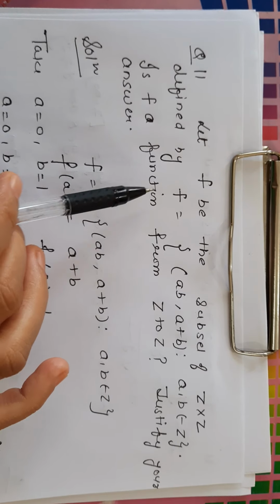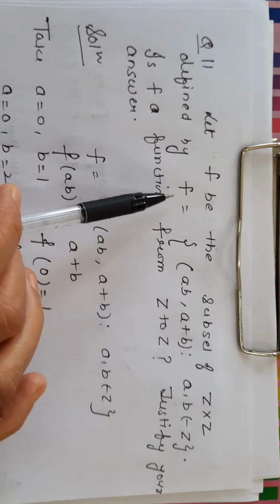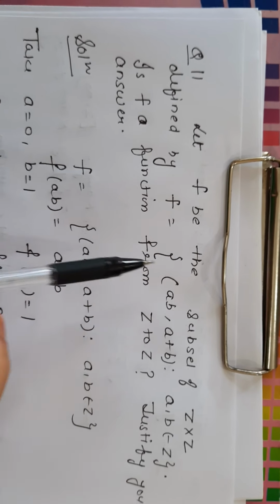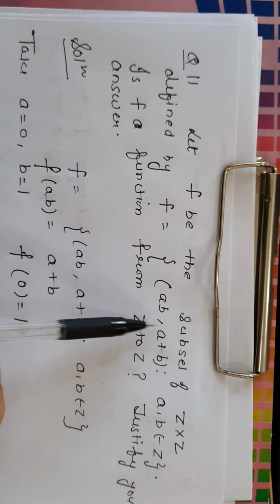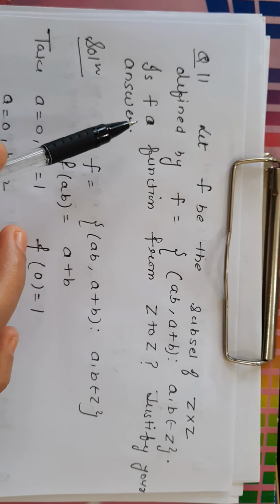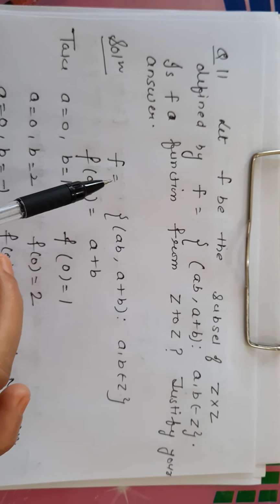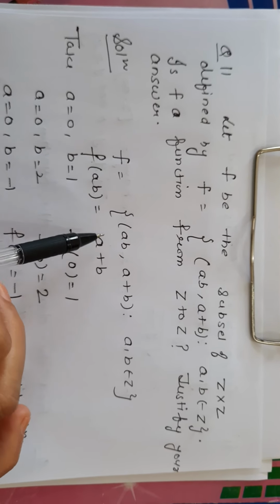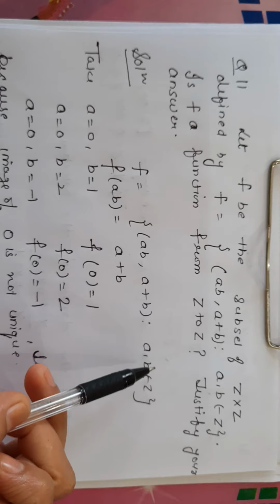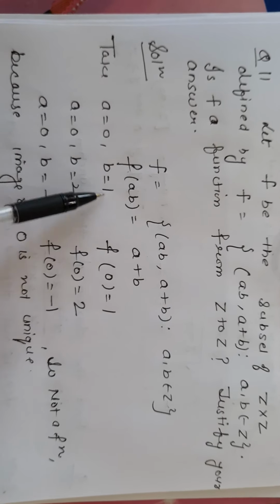Next question from miscellaneous exercise. Let f be the subset of Z cross Z defined by f of (a, b) is equal to a plus b, where a and b both belong to integers. You have to check if f is a function from Z to Z. Justify your answer. Now we are given f of (a, b) is equal to a plus b. Suppose I take a 0, b 1, then (a, b) will be (0, 1).